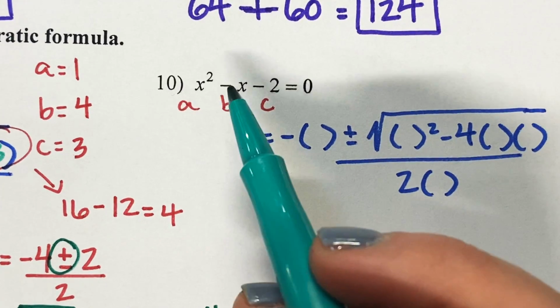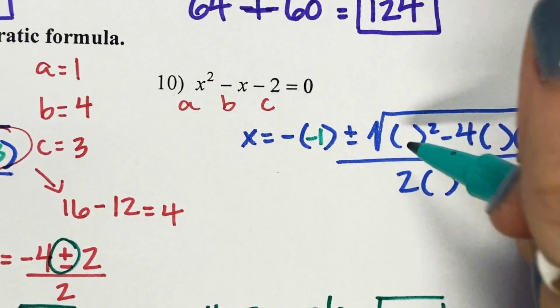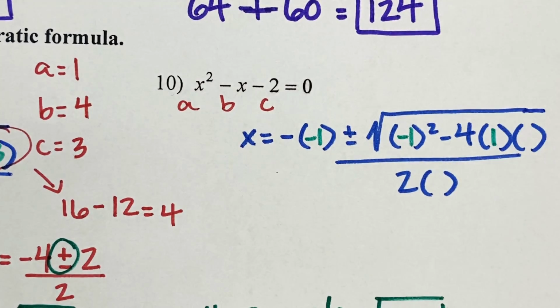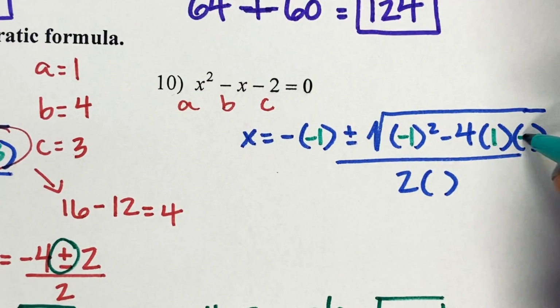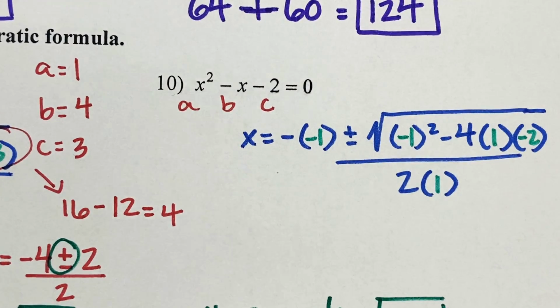What is my b? It's going to be -1. Okay, -1 here again. 4 times A. My A is just +1. My C is -2. All over 2 times A, which is just 1.